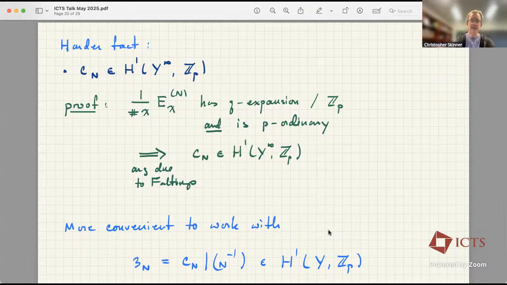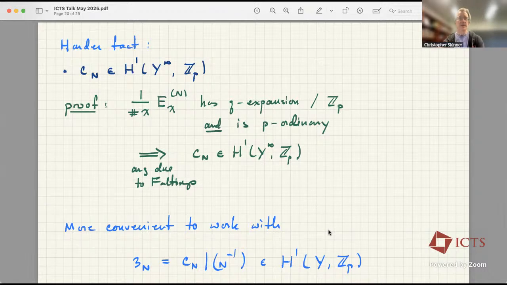And the important thing is that these Eisenstein series are p-ordinary, in the sense that the T_p operator is acting by a unit. I should probably be assuming that p divides N in this case, and so then the T_p operator is just acting by 1.